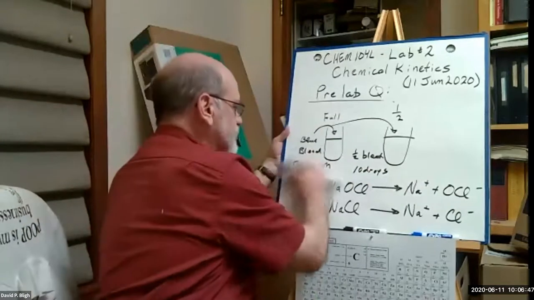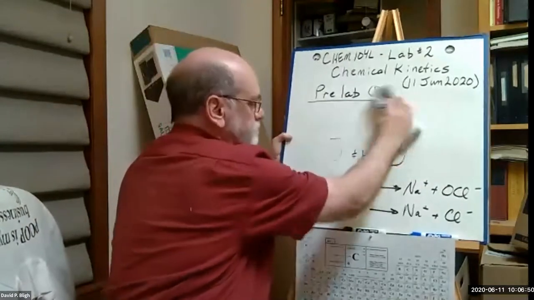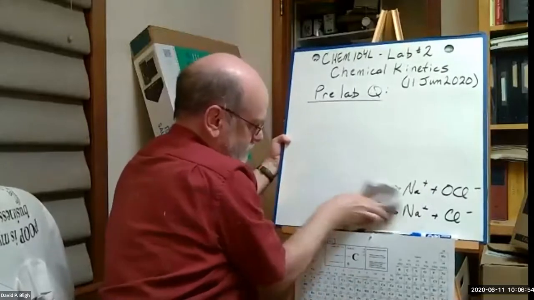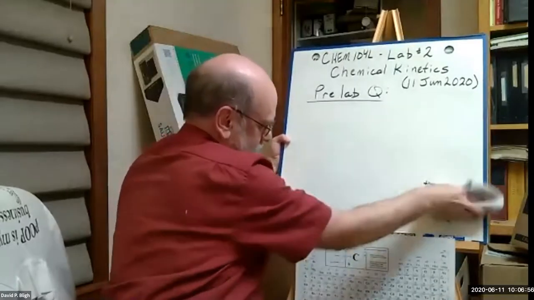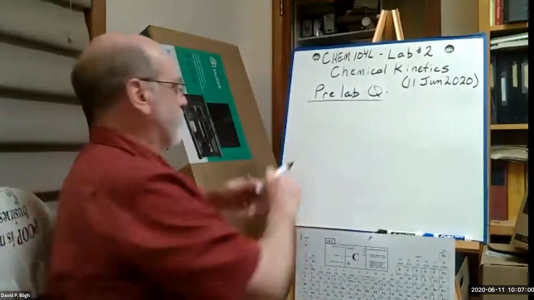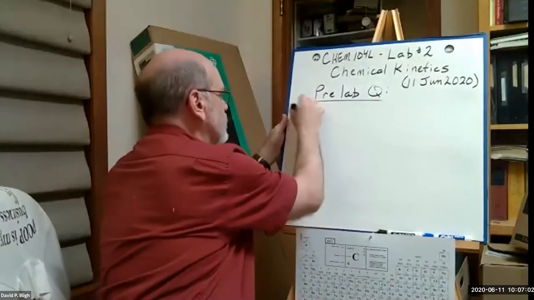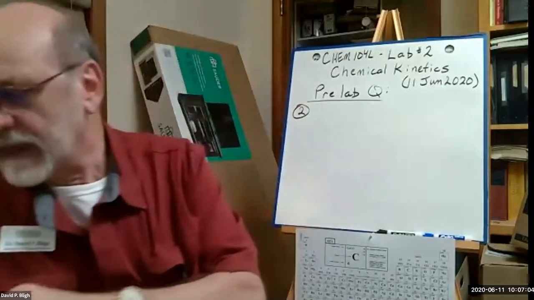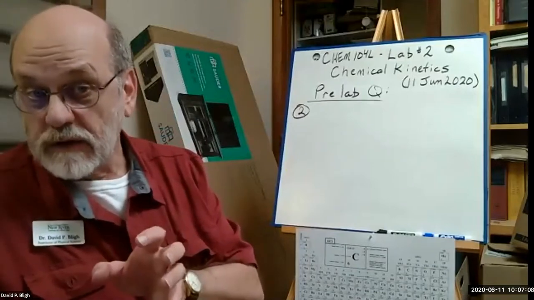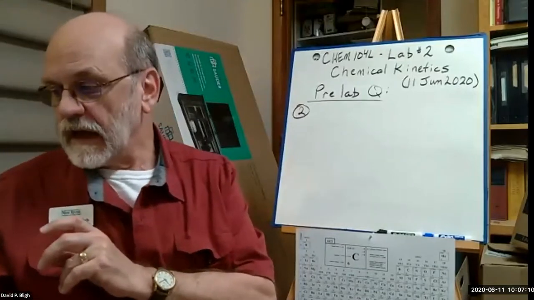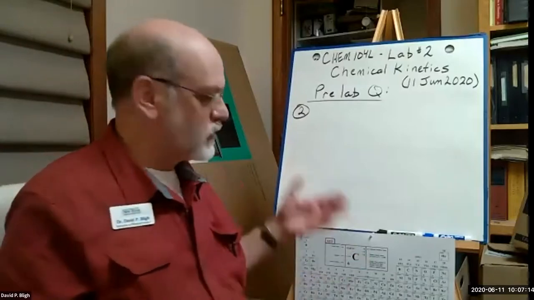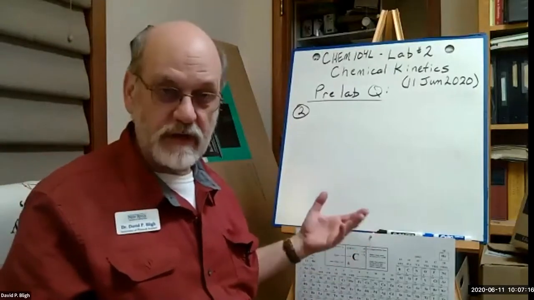Okay, so let's get back to question number 2. All right, question number 2 then is, how many grams per liter of sodium chloride are required in order to prepare a solution with a concentration equivalent to the molar concentration of the bleach?